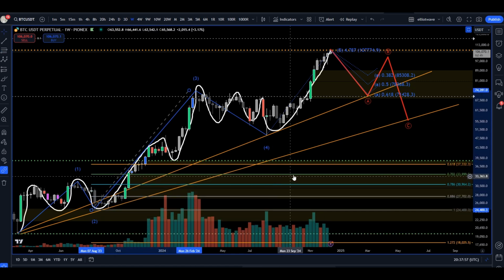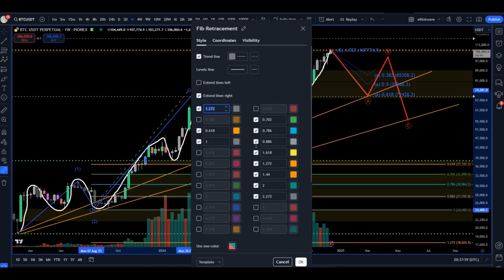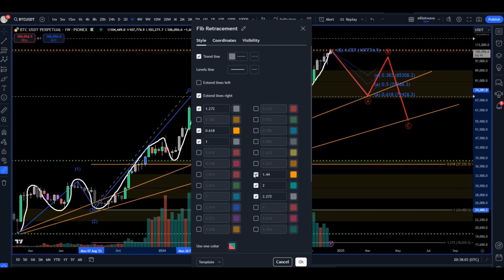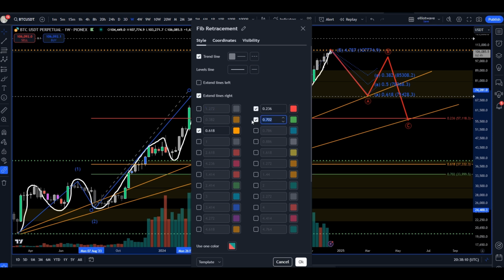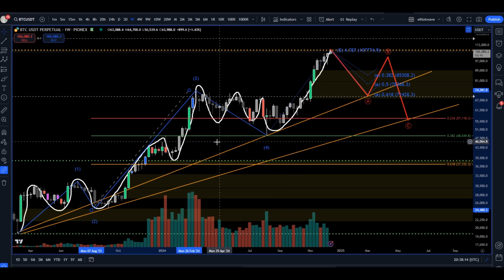Wave 4 retracements are often 23.6% or 38.2% of Wave 3. Wave 5 extension targets are 61.8%, 100% or 1.618 of Waves 1 and 3 combined.